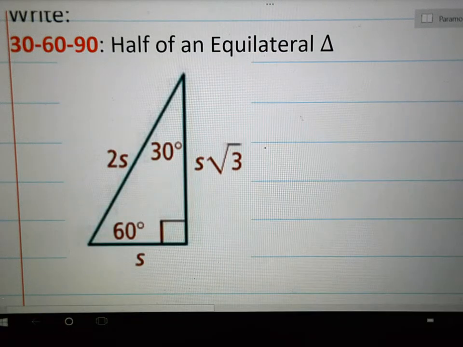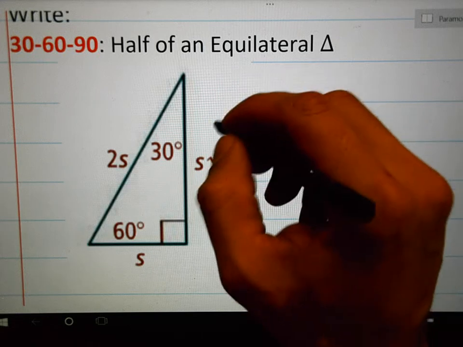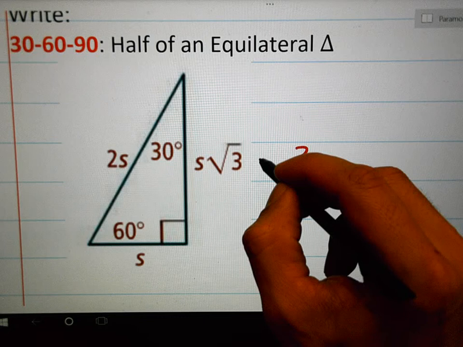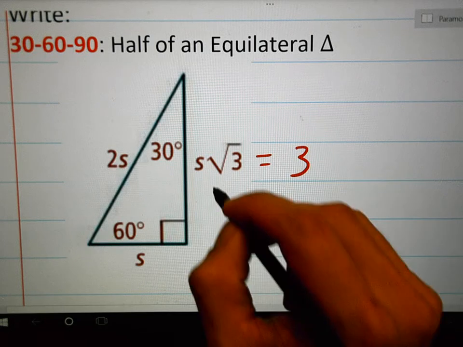The hardest part of this is what happens when you get a weird number on this side? What happens when this side is equal to 3? Then what does S have to be if this is on the S root 3 side? Well, it'd be simple. You set them equal to each other.